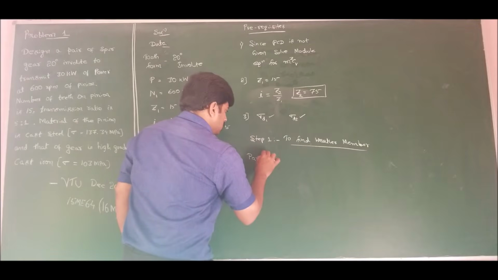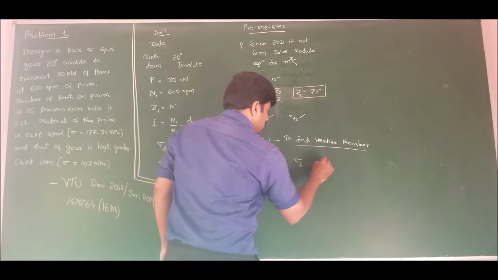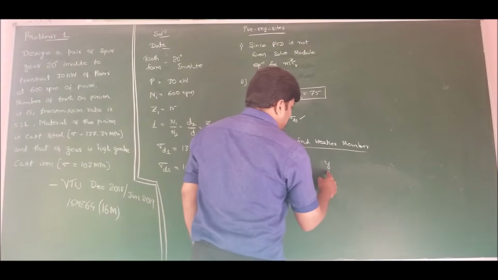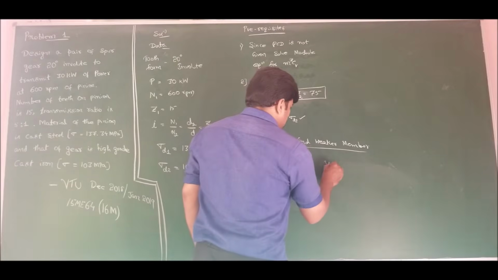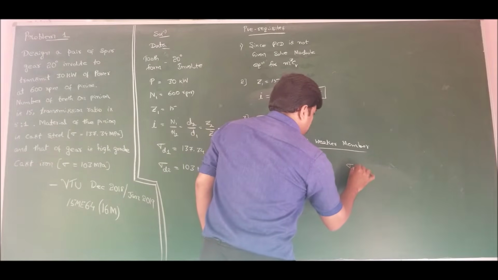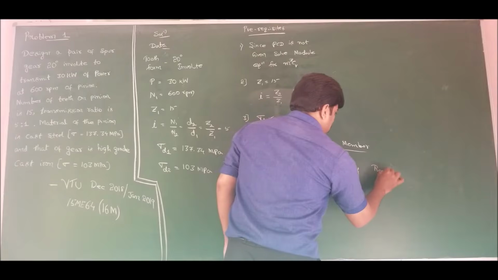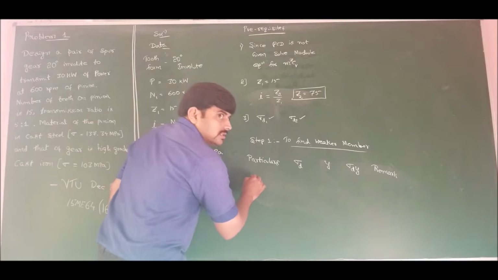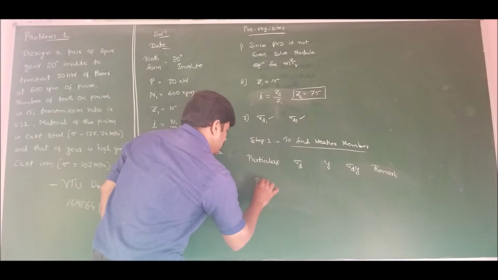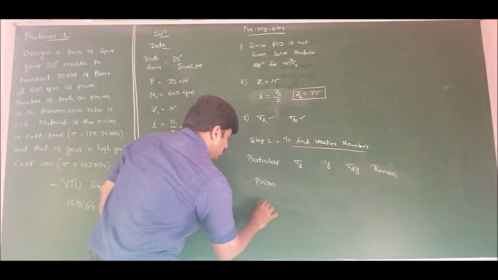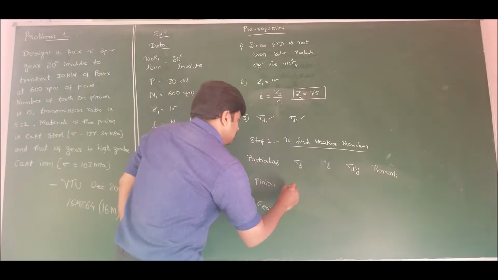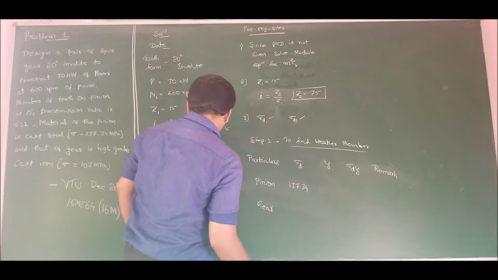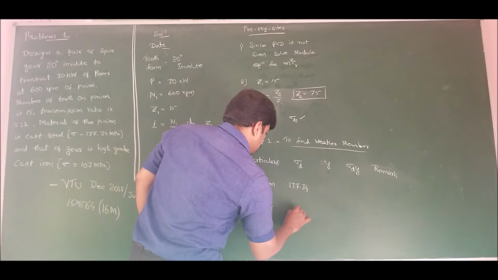Particulars, sigma D, y, which is the Lewis form factor determined using equation 12.5, next sigma D into y, and finally we write the remark for the weaker member. In particulars, we have pinion and gear. The sigma D for pinion is 137.34 and for gear is 103.